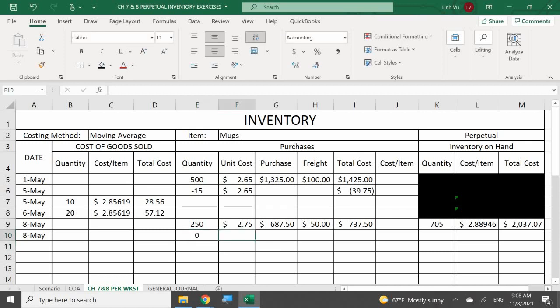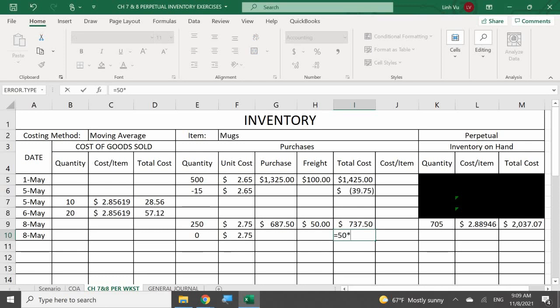How much is it going to cost me per item if I were to return it? $2.75 per cup, okay? But in this case, I'm getting a discount off of it. So I'm returning 50 of those mugs at $2.75 each.